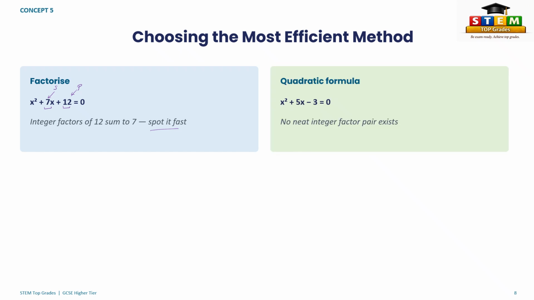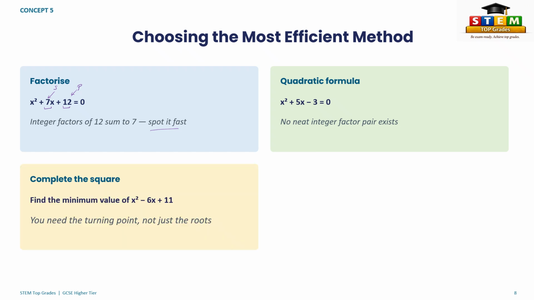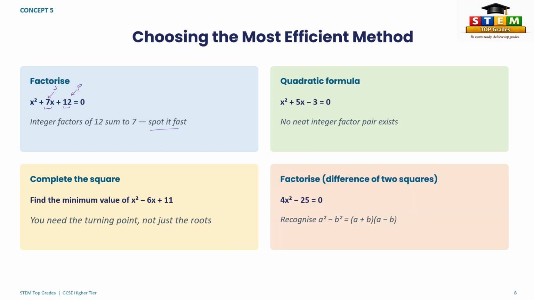The next is using the quadratic formula, because here you cannot see any neat integer factors, which means you do not have whole numbers as factors. The third technique is completing the square, which gives us the turning point of a curve. And the difference of two squares is about recognizing a squared minus b squared, which is (a plus b)(a minus b).